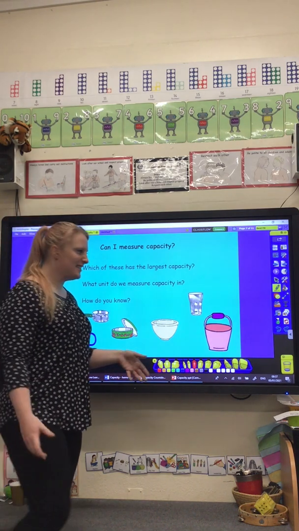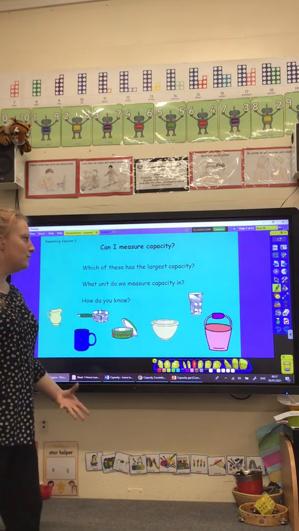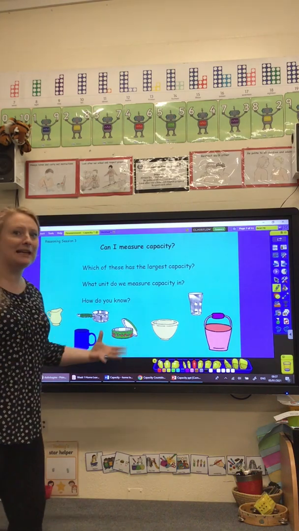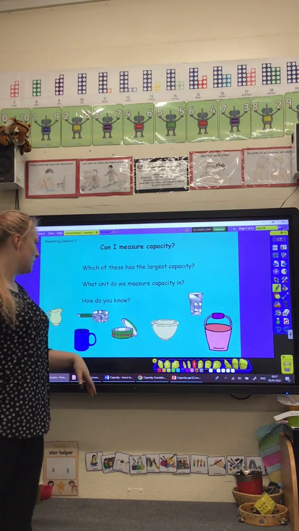Good, I think the same. The bucket. Why do you think the bucket holds the most liquid, has the biggest capacity compared to the rest of the items, the rest of the objects?